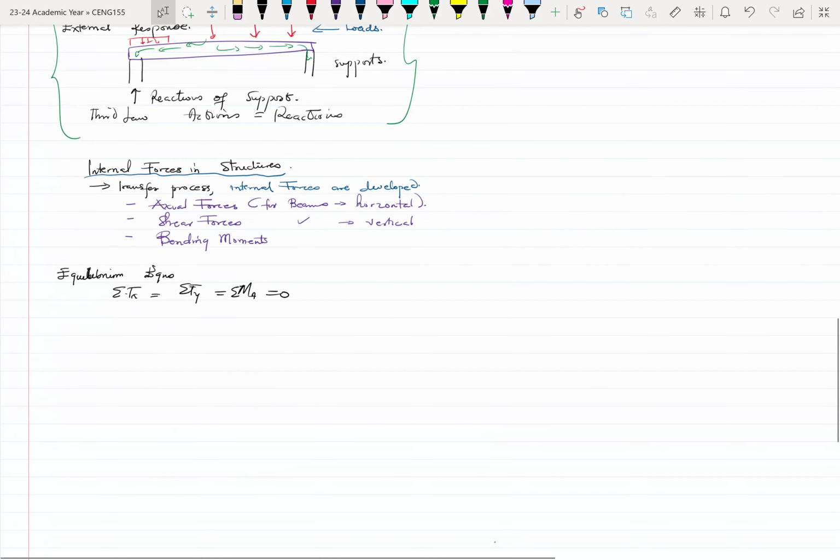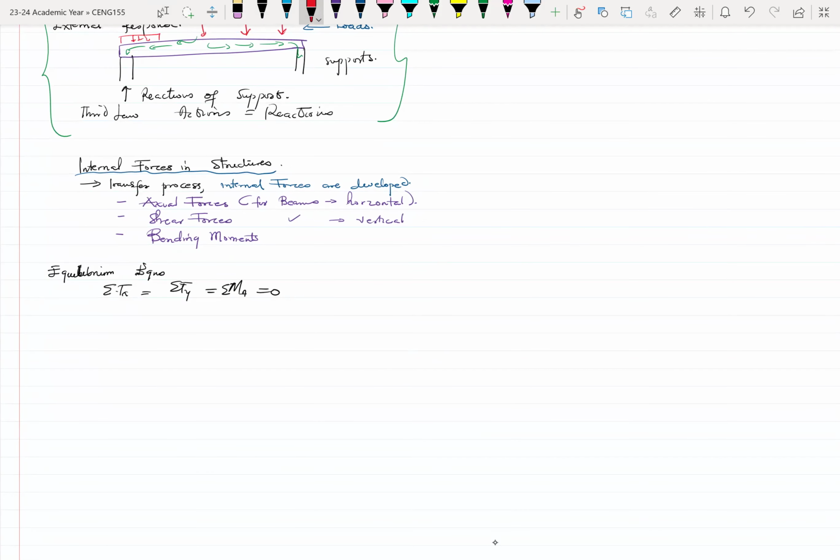When you have a beam, it's made up of fibers, like a series of small elements. Let me say it in layman terms: atoms, compounds, or molecules which are joined together. These molecules are also exerting forces amongst themselves, and these forces give us a net zero, and that's how come you have your material as it is.